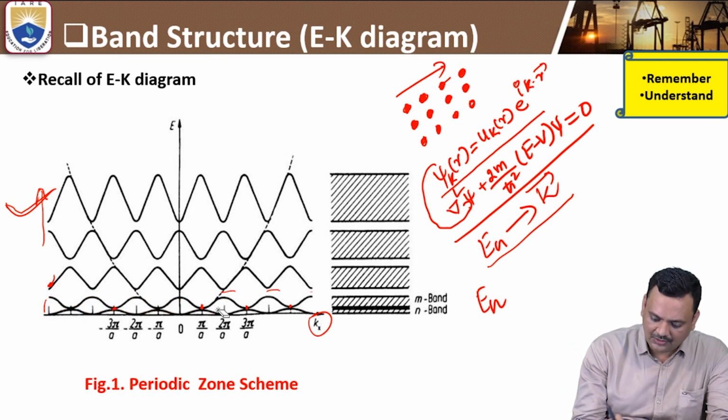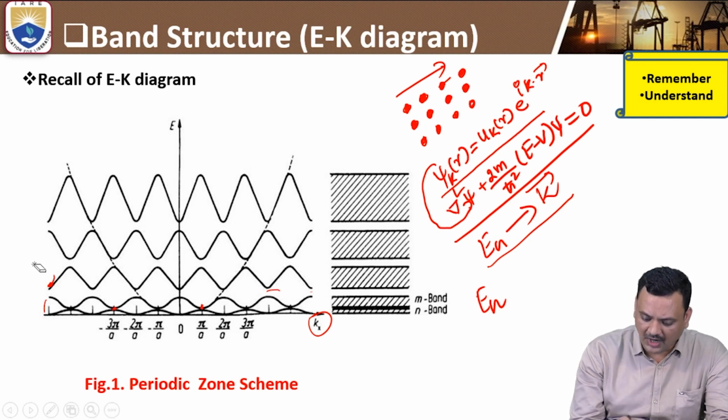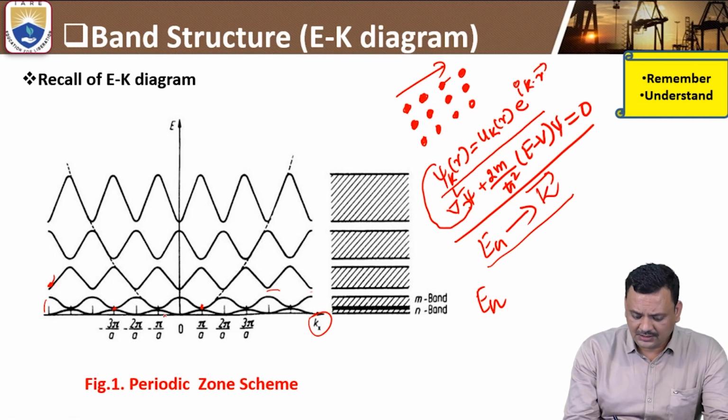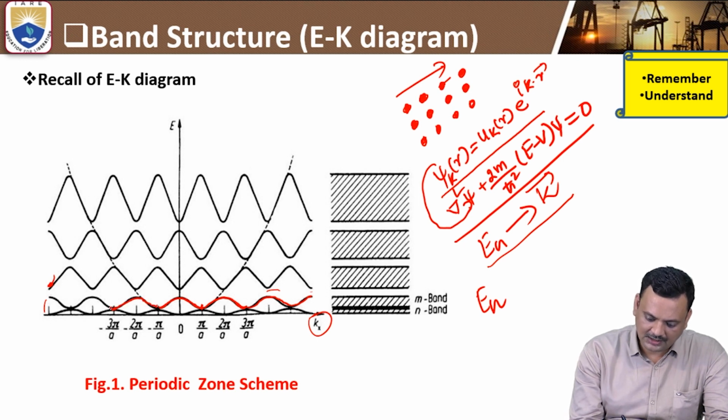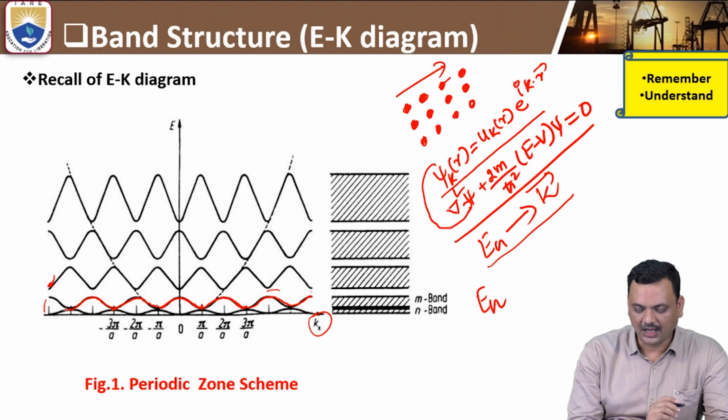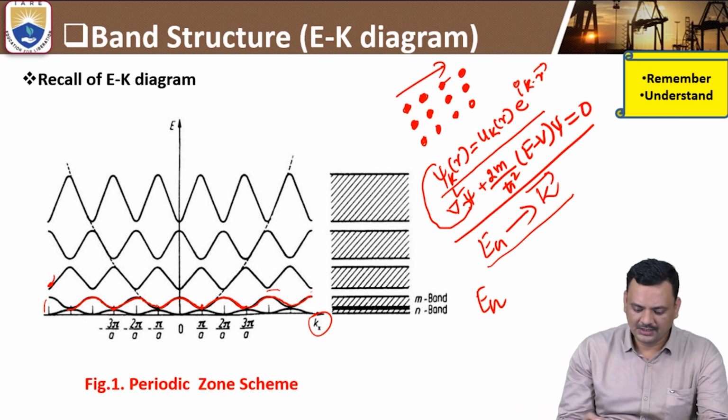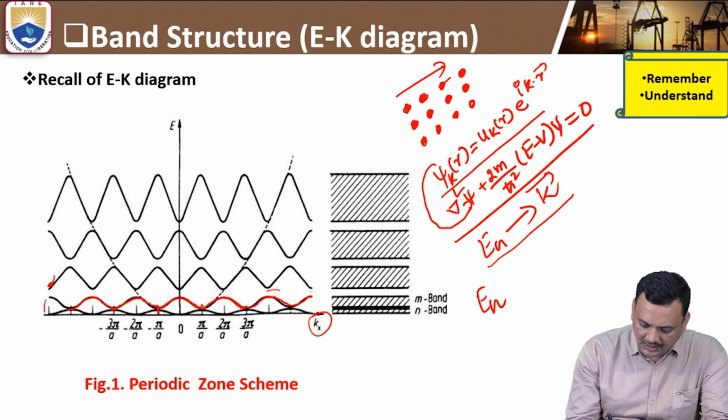Now this is your simple plot. What you are seeing here, I am taking this one. Then again the same pattern will be obtained here, then again here, then again here, and in the same way in the left direction, or negative k direction. So you are seeing that this pattern is repeating.